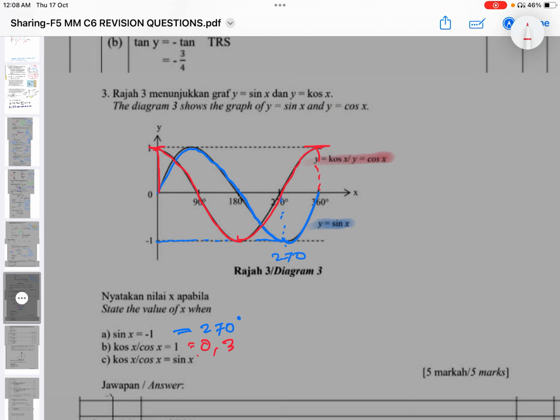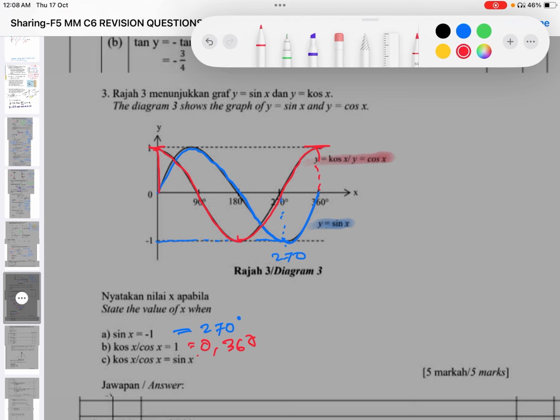0 and 360. Cos x is equals to sine x. So cos x equals to sine x. This means tempat titik persilangan. So sini kita dah cuk jari dah tadi, which is yang P dari soalan awal tadi. So antara 180 dengan 270, kita akan dapat 225.